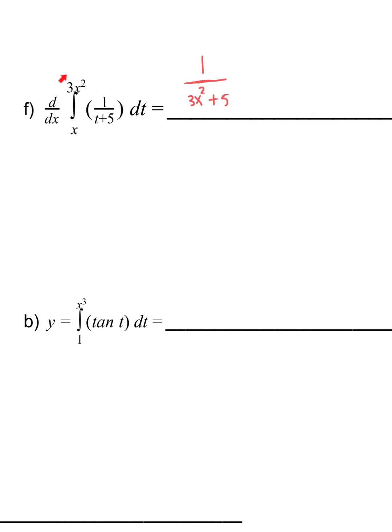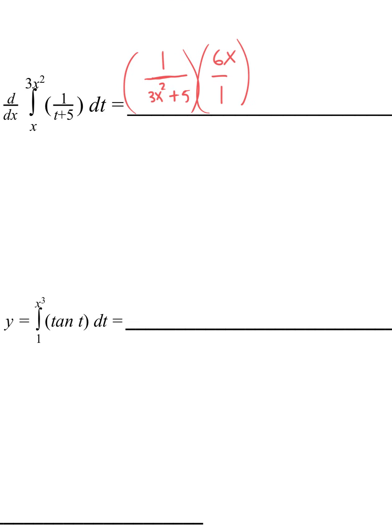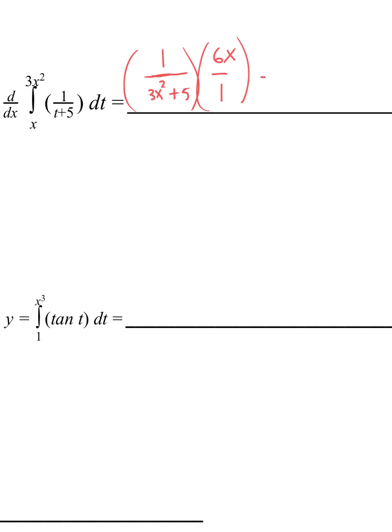The derivative of this is 6x. So now because that's a fraction right here, I'm going to make 6x a fraction. I'm going to put that over 1. So there are the first two steps for the upper limit. All right? So now we go to the lower limit, minus.